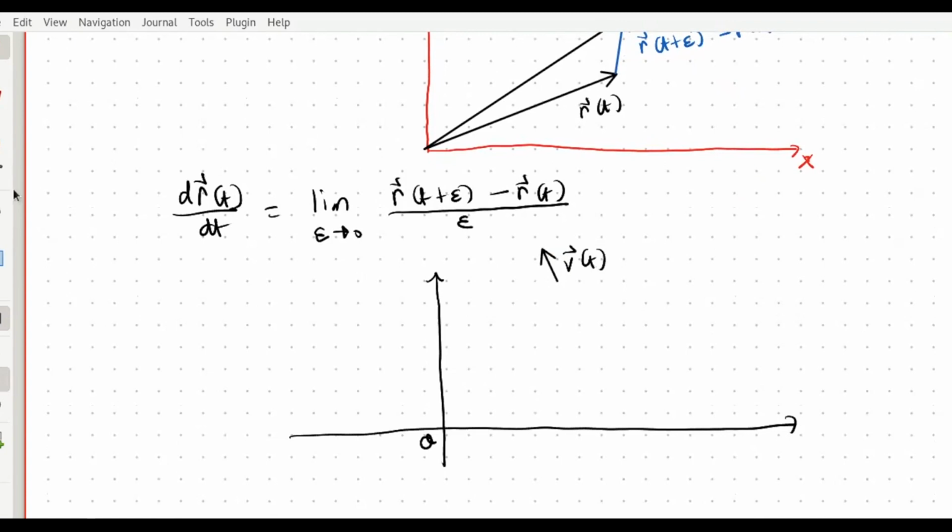The preferred directions or unit vectors for this kind of problem look like this. Let me draw a dotted line.